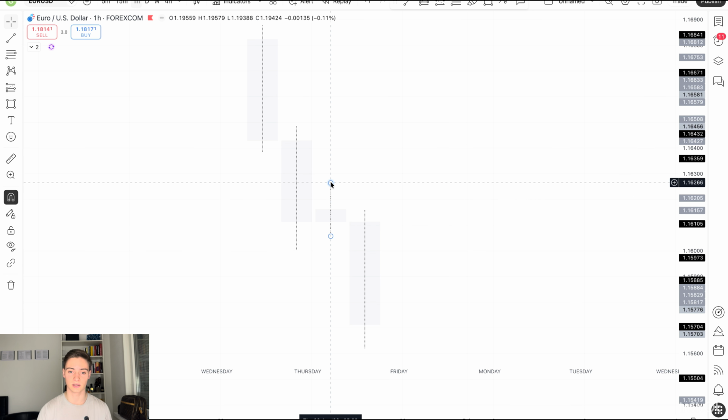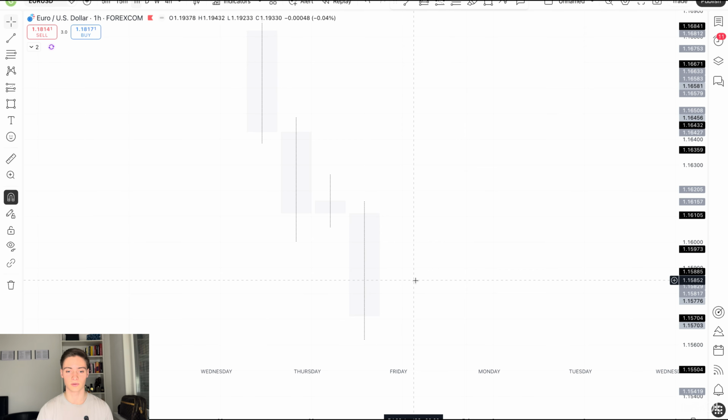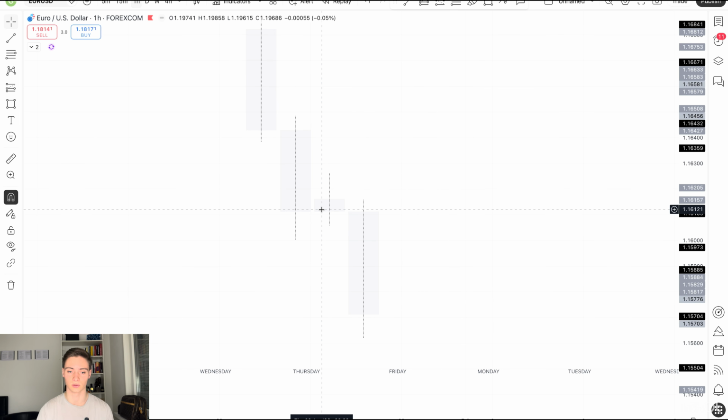It doesn't matter, it can stay inside, or the wick of this candle can take out this high. The most important thing is it doesn't take out the low, because we are in a bearish market now, in a bearish trend.